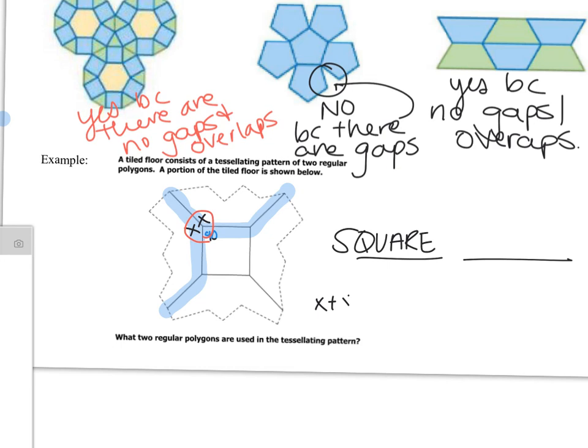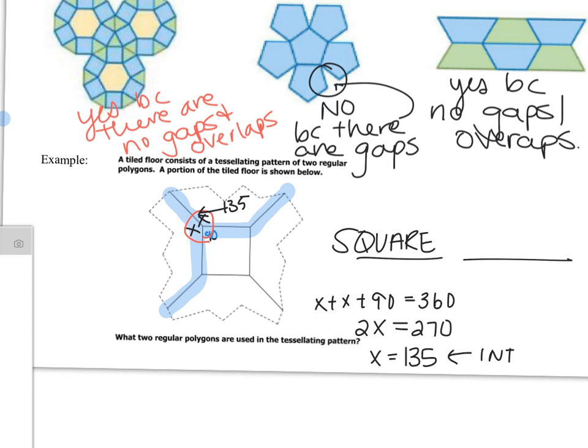So x plus x plus 90 equals 360. So 2x equals 270. So x equals 135. If my interior angle is 135 degrees, how do I find my number of sides? Remember, when I have my interior angle, I find my exterior angle by doing 180 minus 135, which is 45 degrees.